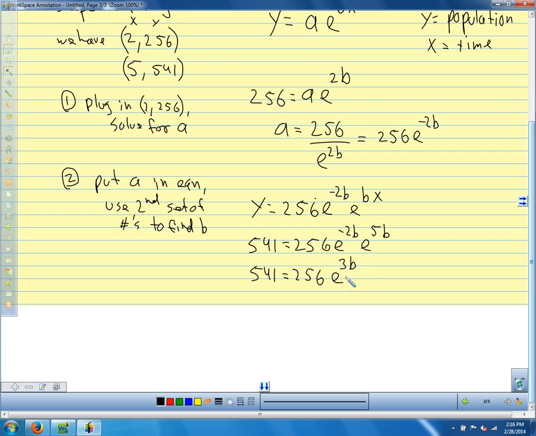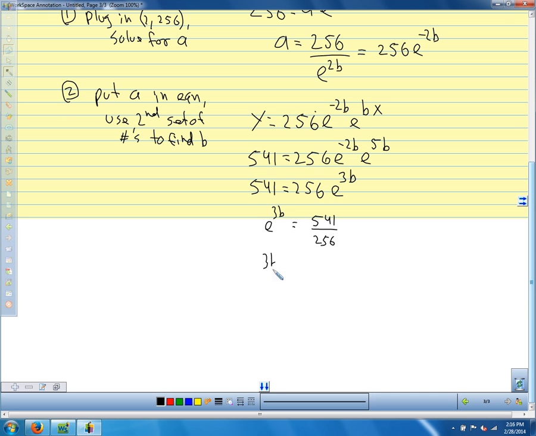This is exactly like the problem we just did. So we divide by 256. I'm going to turn this around. E to the 3b equals 541 over 256. Take the natural log of both sides. 3b equals the natural log of 541 over 256.